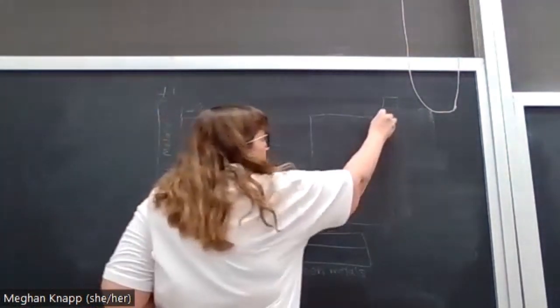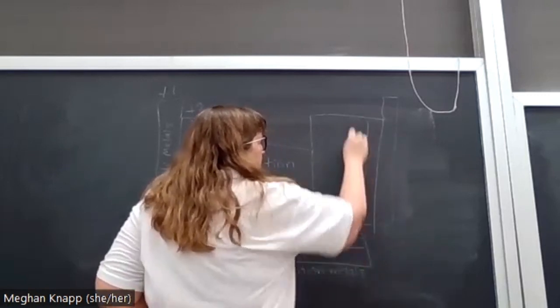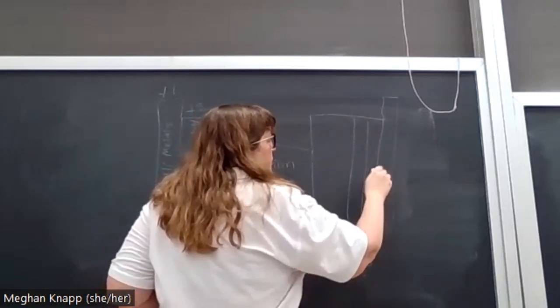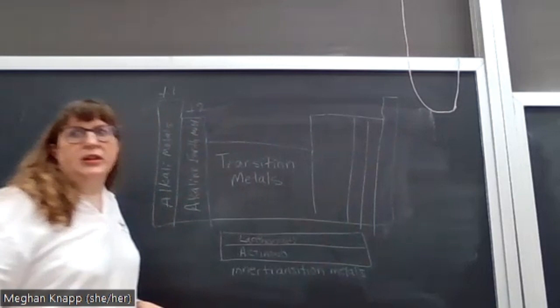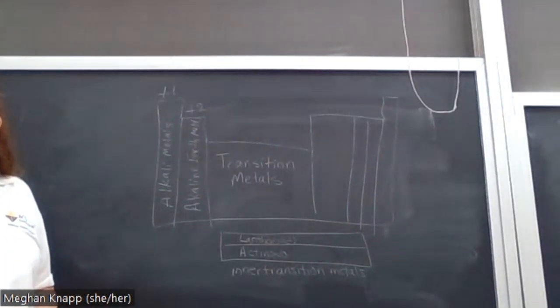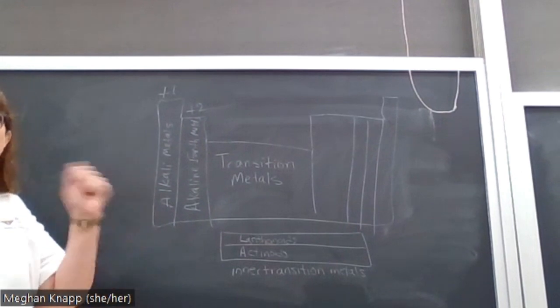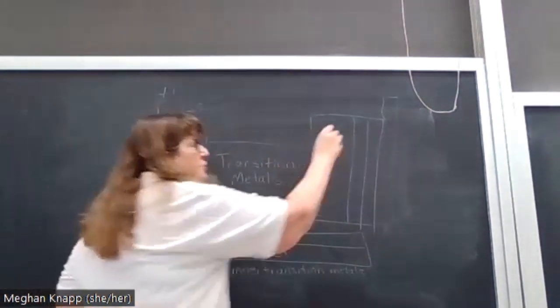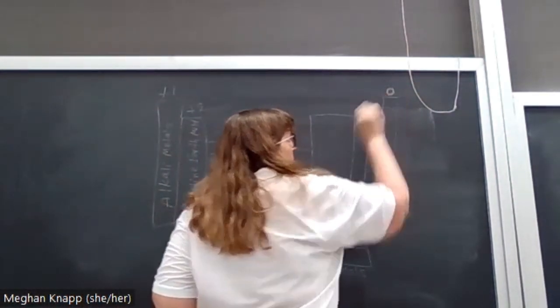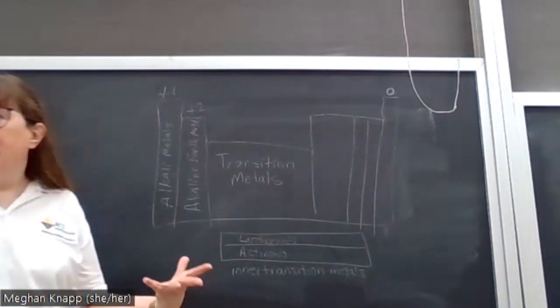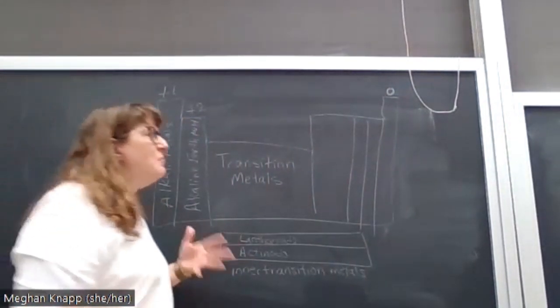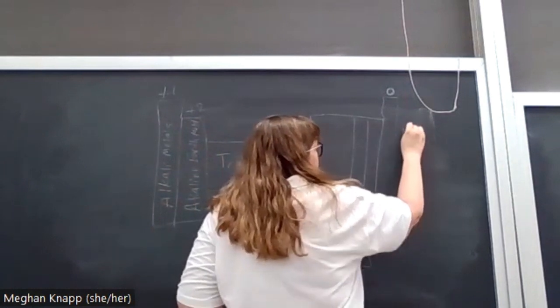All right, and then we talked about columns on this side. So what do we know about this very last column, column 18? They're very stable, and since they're so stable, they don't tend to gain or lose electrons, and so their common charge is 0. And we have lots of names for them, but the one that makes the most sense is the noble gases.